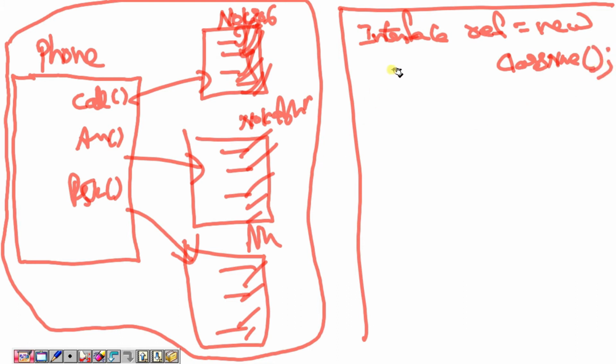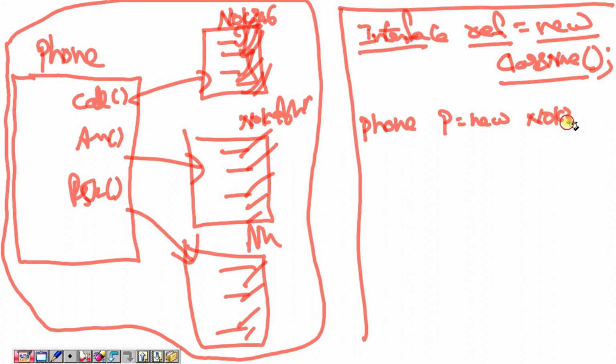Like that we can create the reference. Before, in all situations, it was class name reference new class name. But now we are using the interface reference new class name. For example, the interface name is Phone, Phone p equal to new Nokia 306.